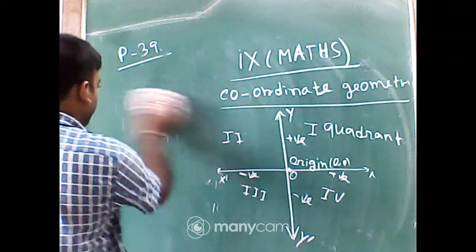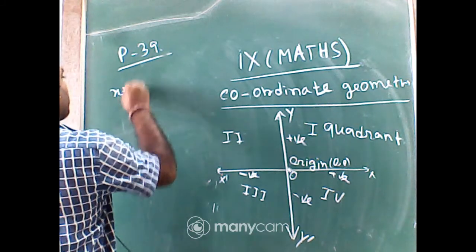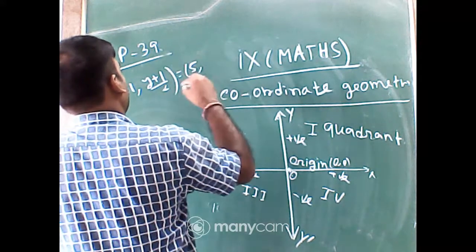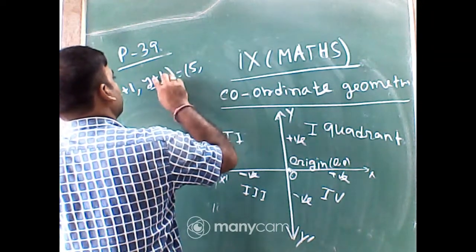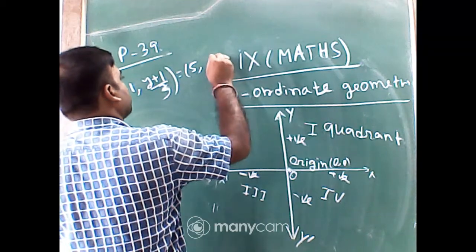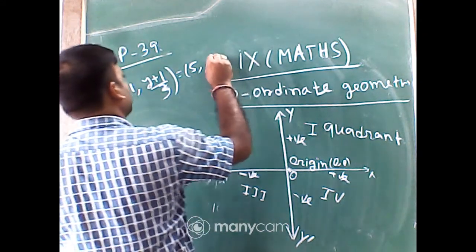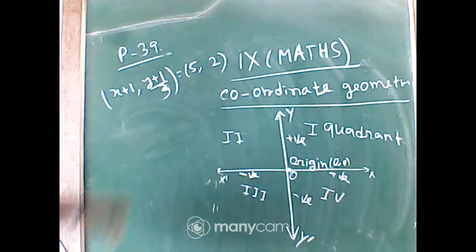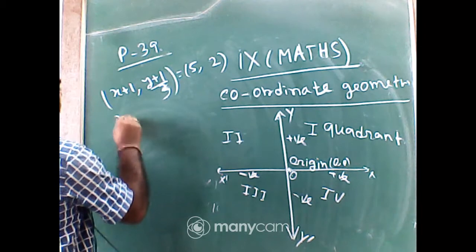Now one question, one MCQ. Solve within 1 minute. If (x + 1, (y + 1)/3) = (5, 2), then find the value of x + y.